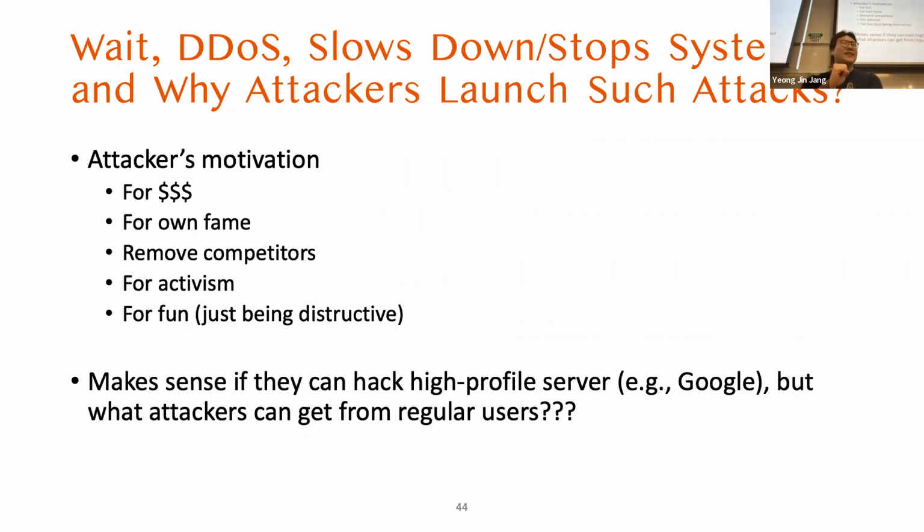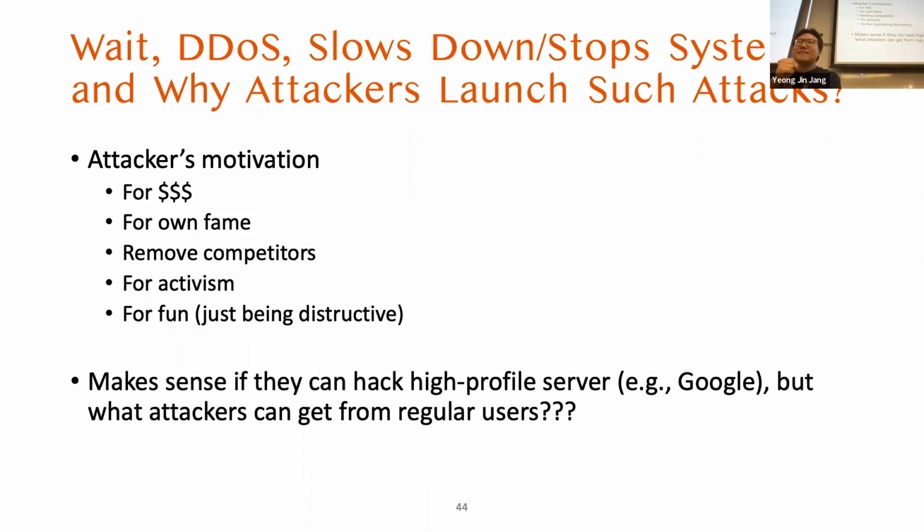There wasn't much online financial service. So if an attacker hacks the user's machine, there's not much private data. There's no credit card information. Even if you steal a password, you cannot purchase anything. There was no online market at that time.